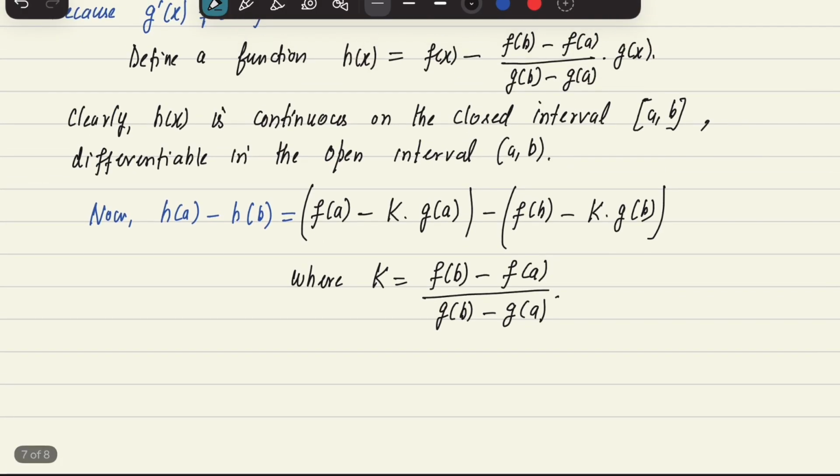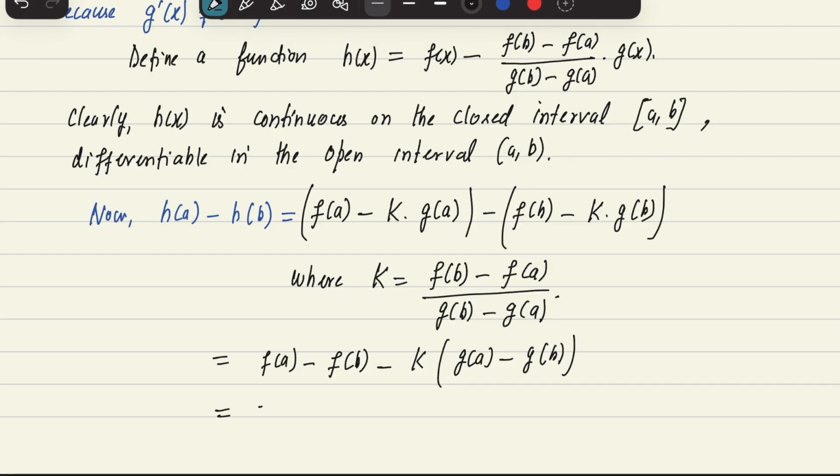This is just to simplify our writing here, otherwise this is not necessary. Now we can write this is equal to f of a minus f of b, then minus k times g of a minus g of b. Now at this stage we shall again replace the value of k here.